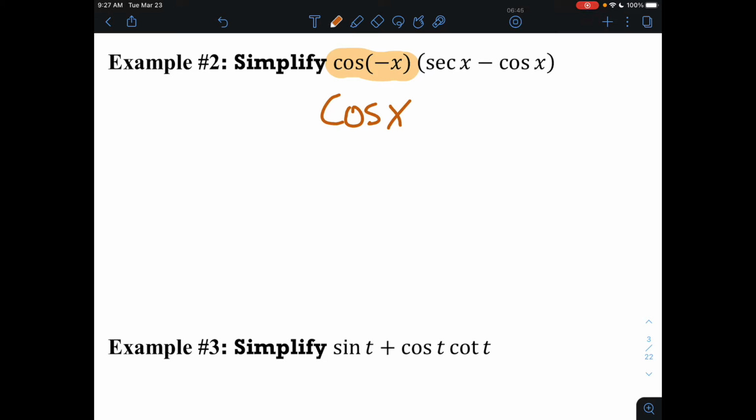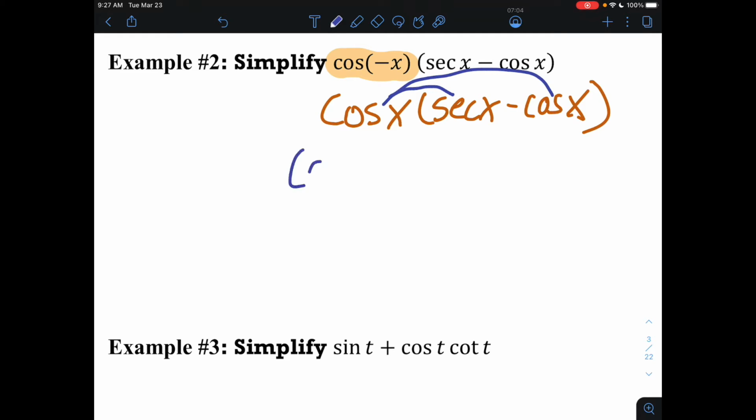All right, so let's bring along the rest of the problem. And then my thought would be, I've got multiple terms on the inside here. Maybe distributing might somehow help. So distribute in the cosine. So now we have cosine secant minus cosine squared.